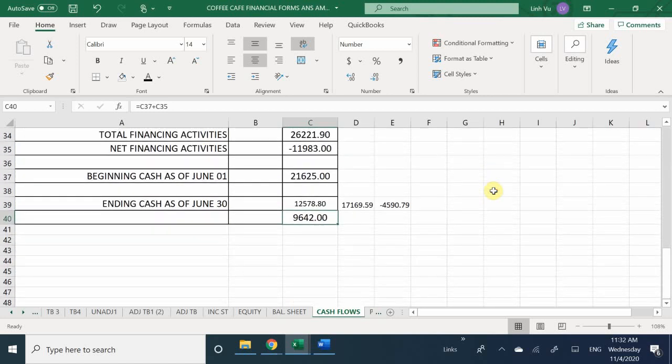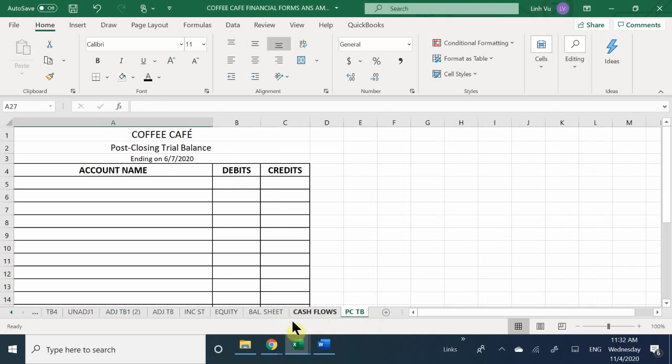All right. So with that being said, it is right now 11:35. Let me see. So the next thing that we've got to do is properly close out our books so we can do our post-closing trial balance. Now, I will let you know this. All the financial statements you have completed will not affect your closing process.